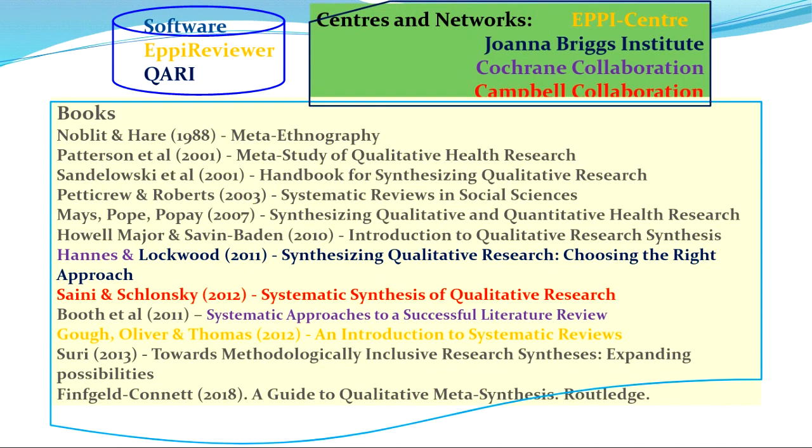And we have 4 of the key players here: the EPPI-Centre in London, the Joanna Briggs Institute, a network across several countries, and then 2 further networks, the Cochrane Collaboration and the Campbell Collaboration, both of whom produce guidance for their series of reviews.